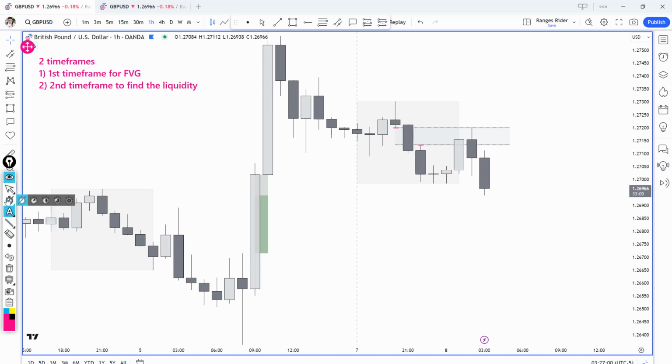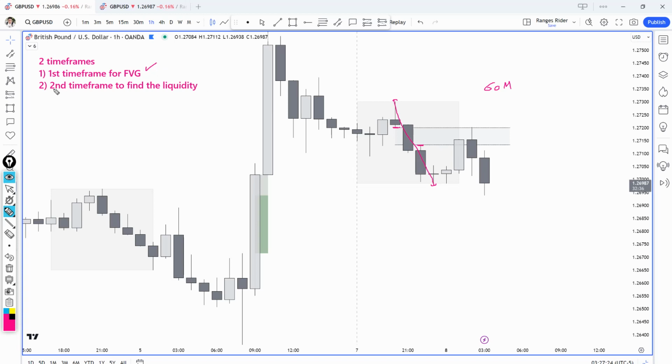So if I have the fair value gap on the 60-minute time frame and look from here to here, this is the swing. We don't have any liquidity, we only have the fair value gap.